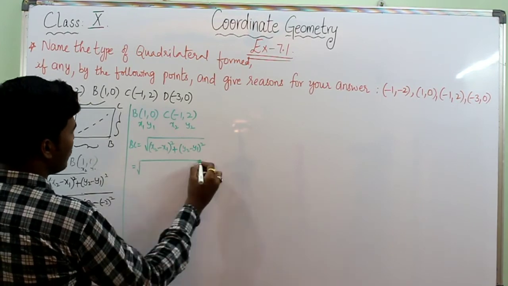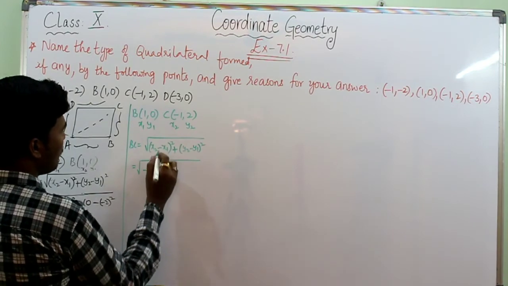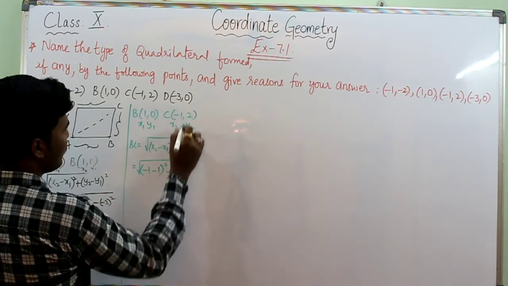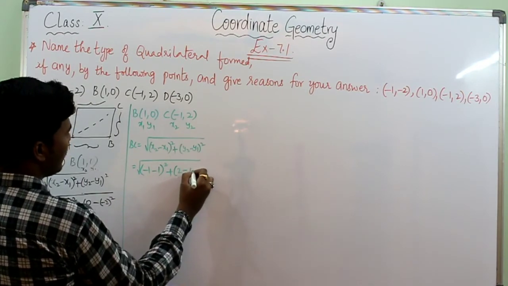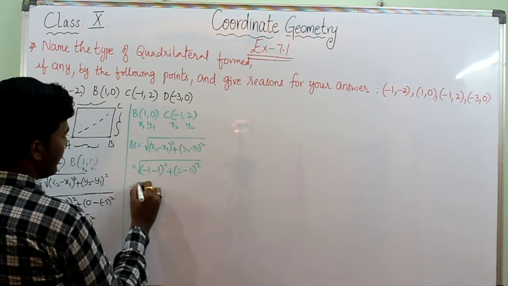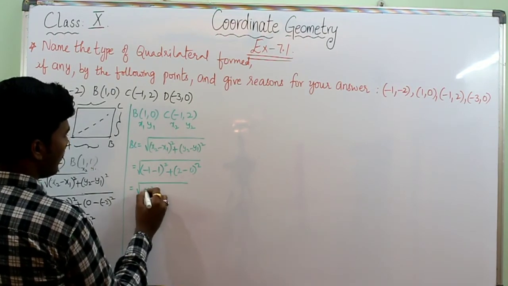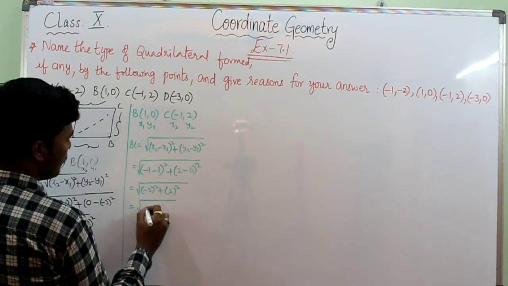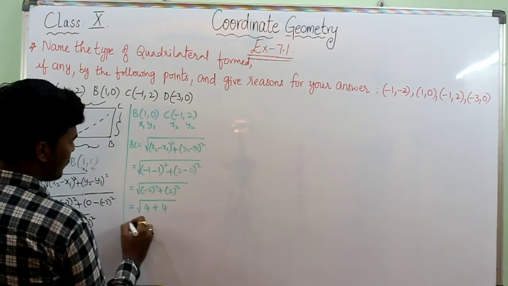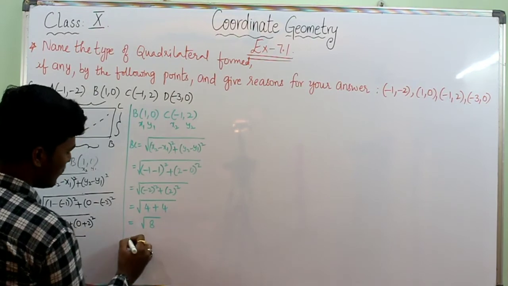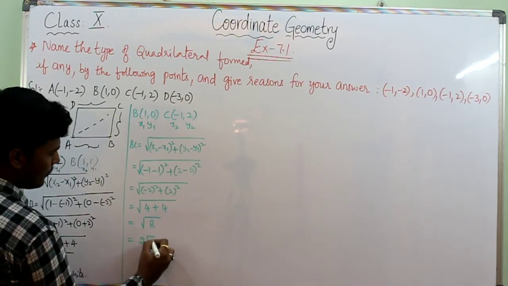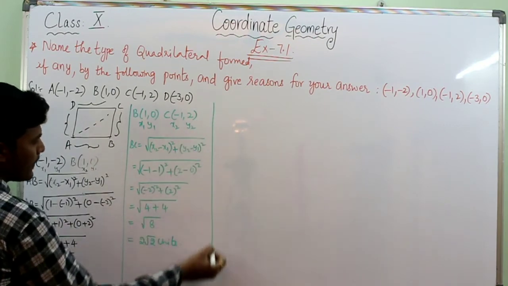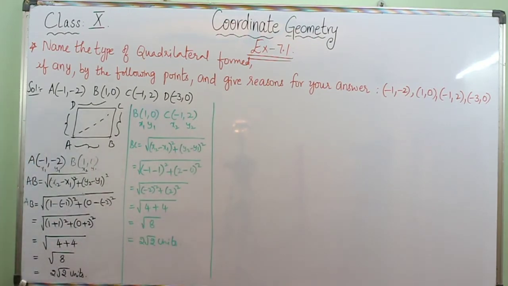This implies (-1 minus 1) whole square plus (2 minus 0) whole square, which implies (-2) whole square plus 2 square. (-2) whole square is 4, 4 plus 4 again, that is square root of 8, which is equal to 2 root 2 units. So we got the second one also as 2 root 2 units.